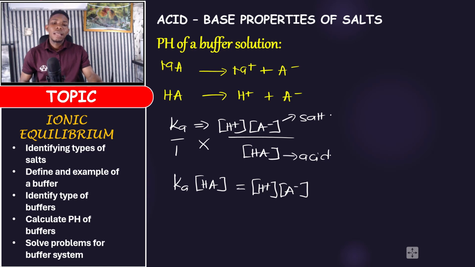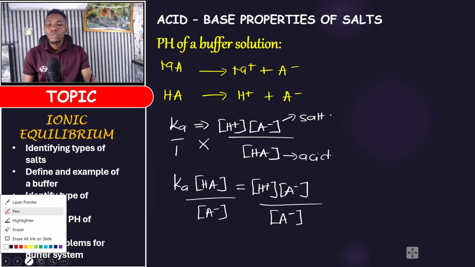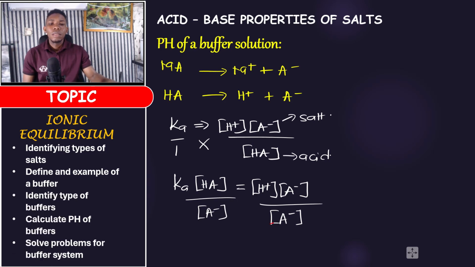So that at the end of the day, we make H plus subject of the formula by dividing both sides by A negative. Now, what do you think we are going to have? This A negative cancels this A negative. So we are going to have H plus is equal to Ka HA all over A minus.